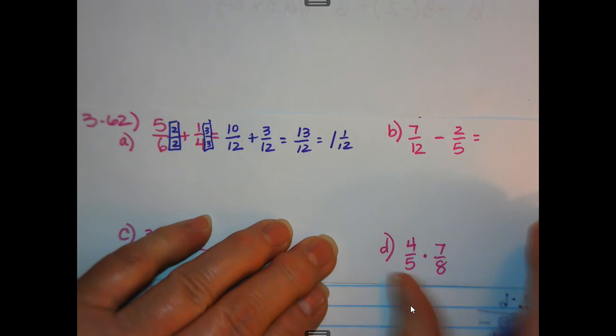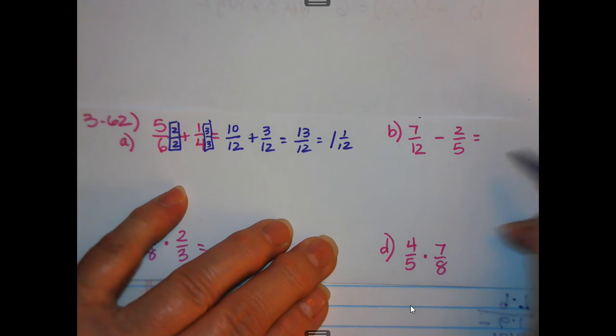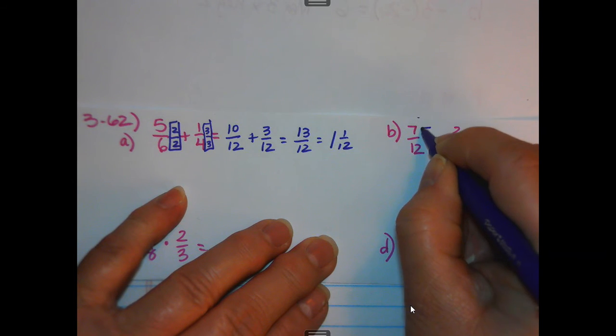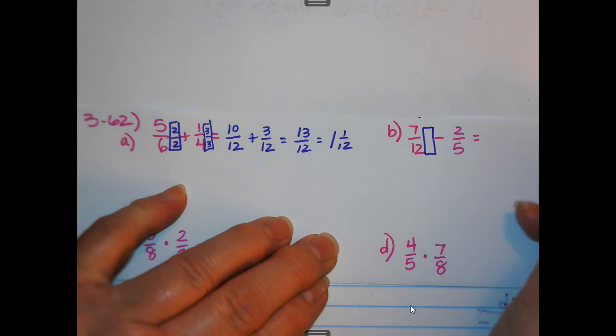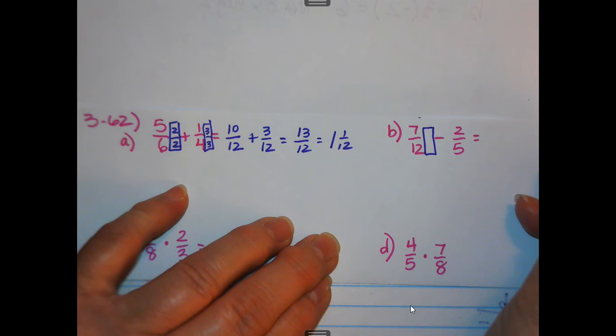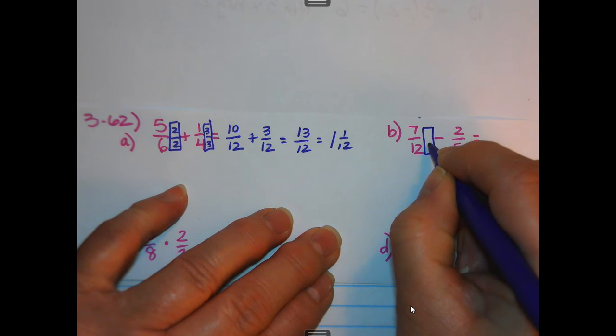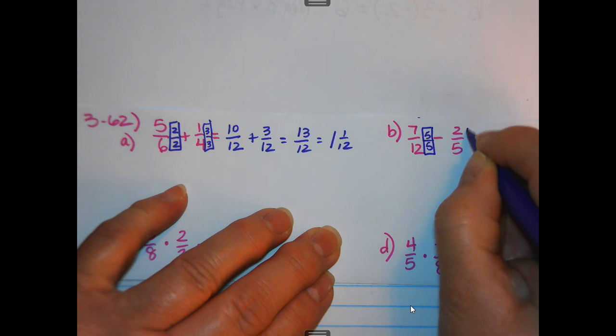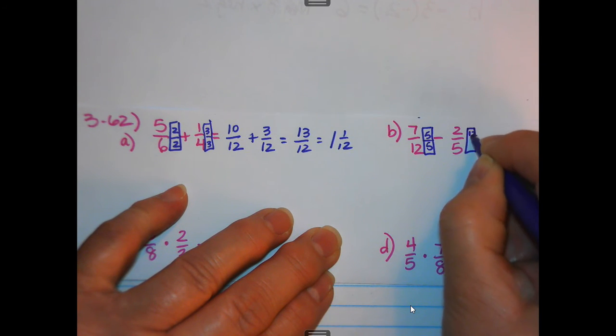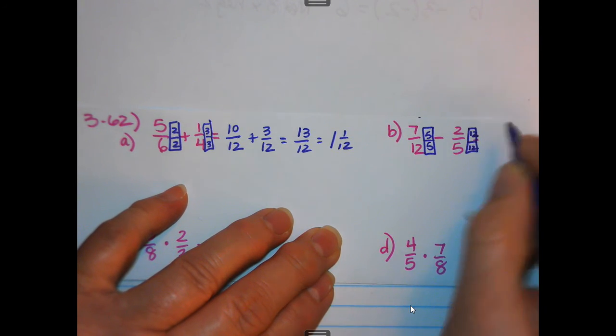The problem for letter B is a subtraction problem. We need to come up with a common denominator, and I'm going to go ahead and use the number 5 and the number 12 for my giant ones.